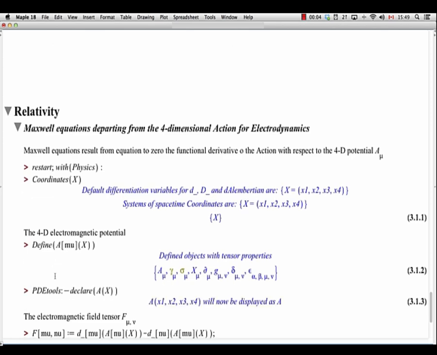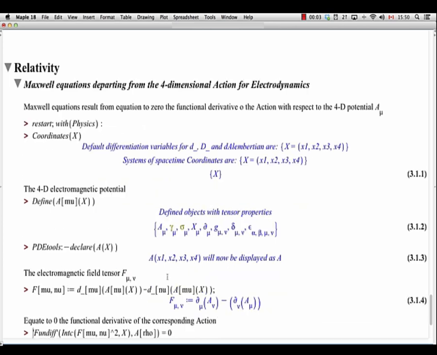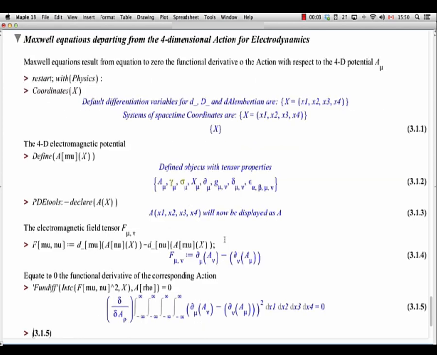With it, we define the electromagnetic field tensor that enters the action for the problem. We define it the usual way as the antisymmetric combination of derivatives of the potential. And now we want to equate to zero the functional derivative, where the integral in the action is actually the contracted form of the electromagnetic field tensor. So it's F mu nu squared.